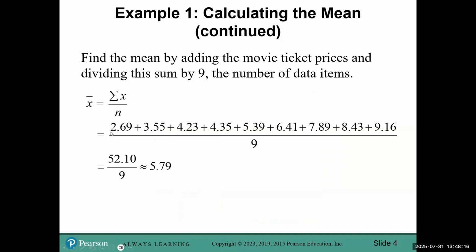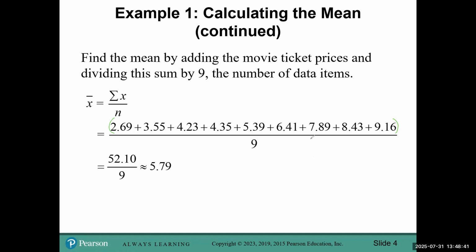One thing to really pay attention to if you're going to do this with a calculator is to make sure that you have parentheses. So if you're entering this into a calculator, remember our order of operations, if we don't put parentheses here, then the calculator is going to add all of these numbers, and then at the very end, it would only divide the $9.16 by 9 if I don't put those parentheses around it.